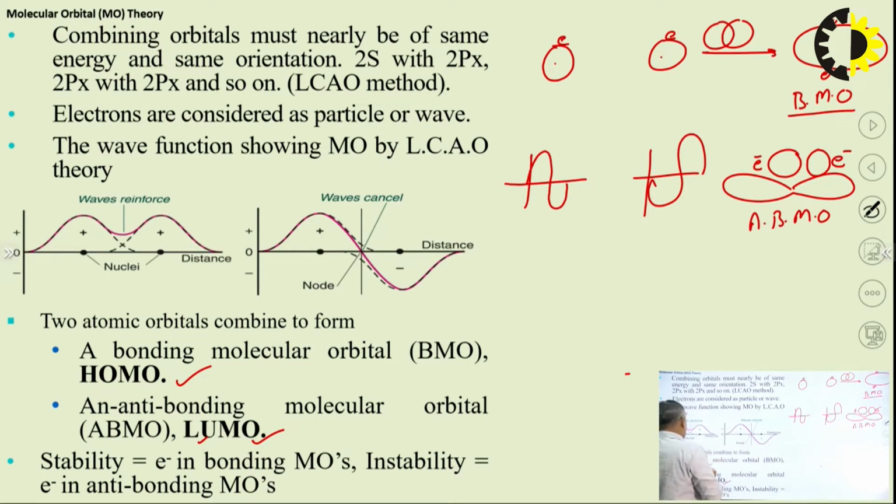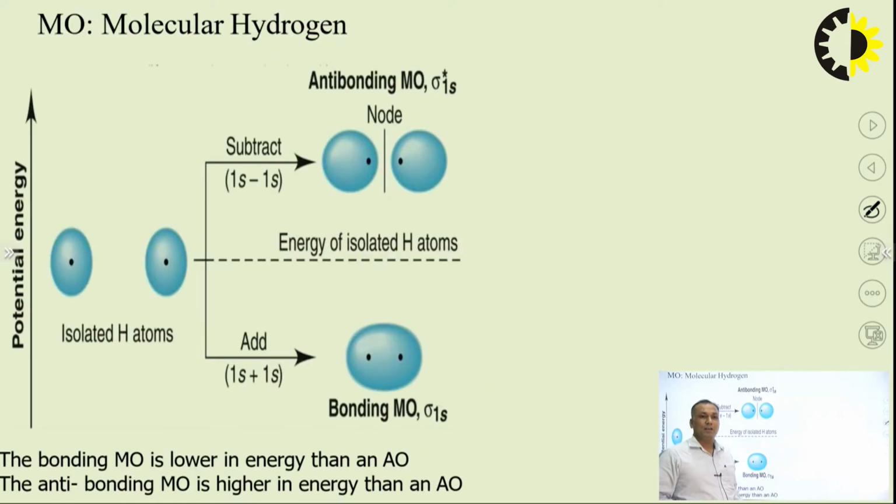So if we discuss the stability part, then if the electrons are present in bonding molecular orbital, the molecule will be stable, and if the electrons are present in anti-bonding molecular orbital, then the molecule will be unstable.